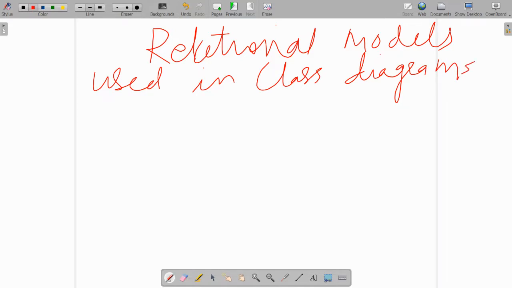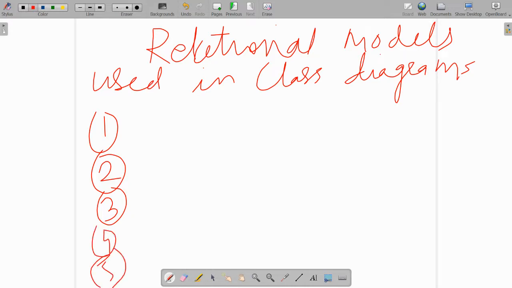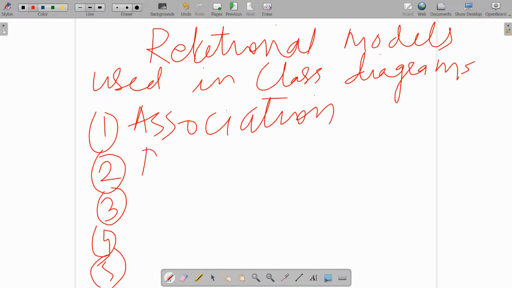Okay, relational models used in class diagram. Now here also there are five. So it could be your association, it could be your dependency.